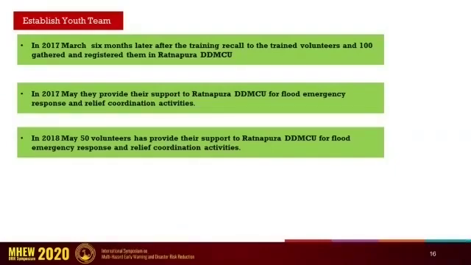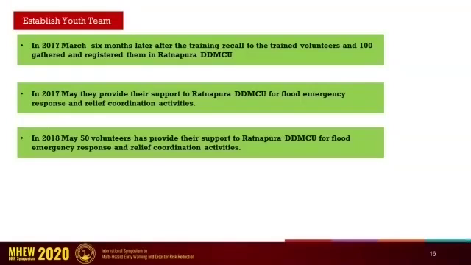Thereafter, we introduced them to the district secretary of Ratnapura in May 2017. In the May 2017 flood situation, they worked with our Ratnapura district disaster management coordinating unit. This was a good opportunity to utilize them, and a good opportunity for them to learn how to work as volunteers in a disaster situation.